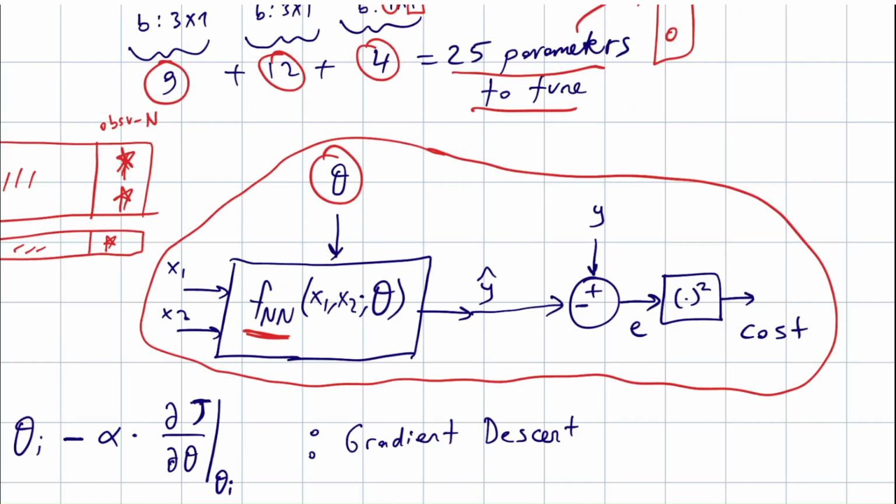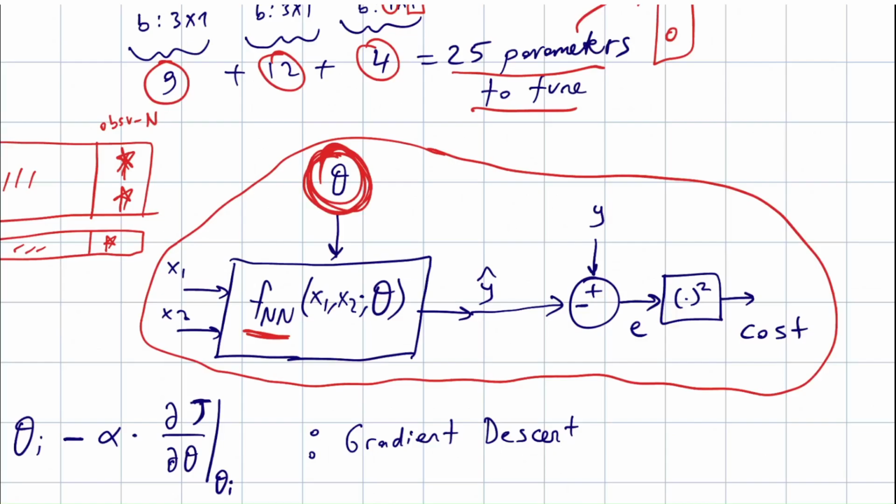Cost of what? Cost of those theta terms. Or maybe I should rephrase that: cost of using inaccurate parameters, because if you tune your theta terms perfectly, your cost would be 0. Again, let me remind you, you have 25 parameters to tune.